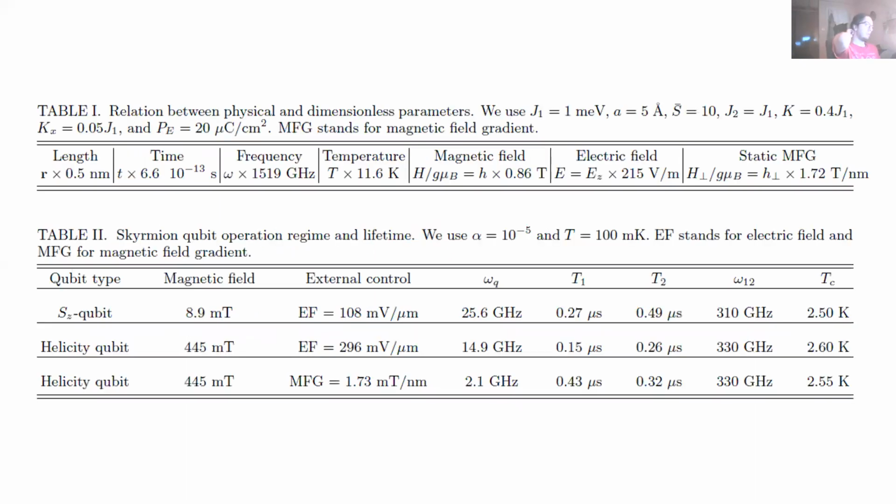So this is the offered electric field and magnetic field gradient regimes and lifetimes. Table 1 is the relation between physical and dimensionless parameters. And in table 2, Skyrmion qubit operation regime and lifetime.